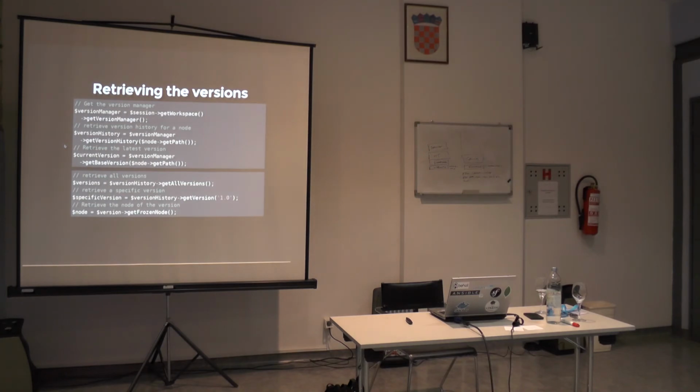But the version object has a method get name that will return 1.0 or root version, which is the name of the root node.